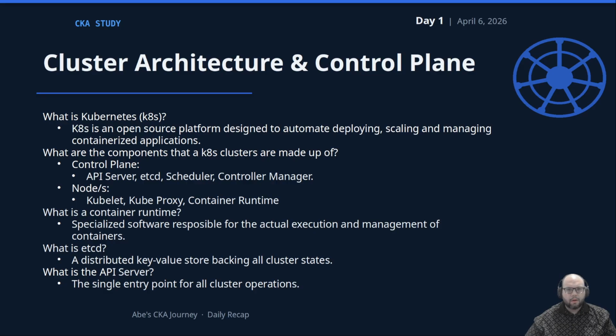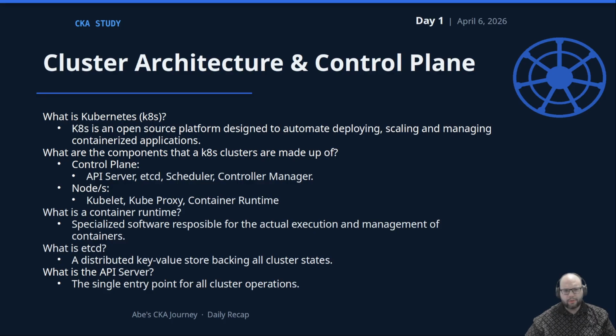The first 17 lectures within the course talk about what is Kubernetes. Kubernetes is an open source platform designed to automate deploying, scaling, and managing container applications. What are the components of a Kubernetes cluster? We have the control plane nodes, or what used to be called master nodes, and then you have nodes or worker nodes.